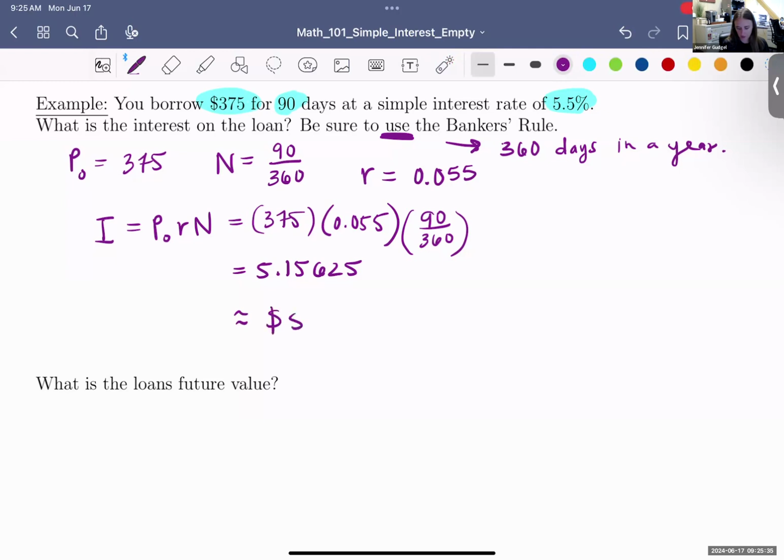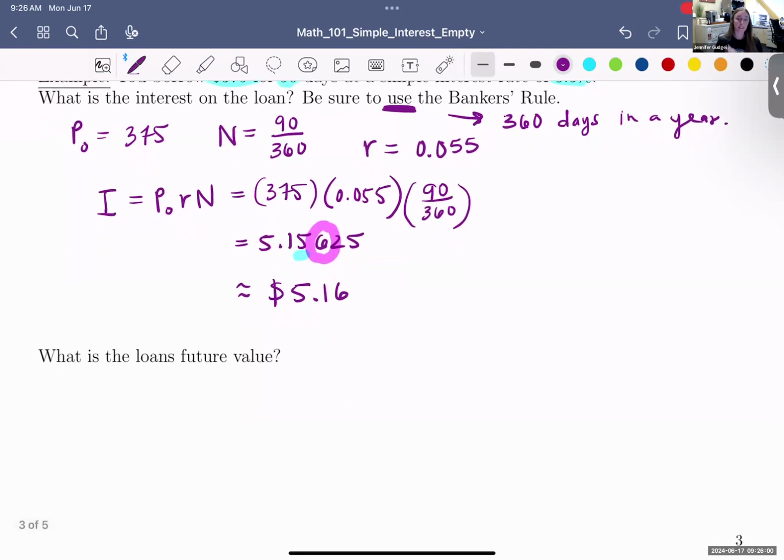The interest is 5.1, and we have to look at the 6 to determine if that 5 rounds up or down. 6 is 5 or above, which means the 5 in front of it gets rounded up. 5.16 is going to be our amount there. So that's the interest.